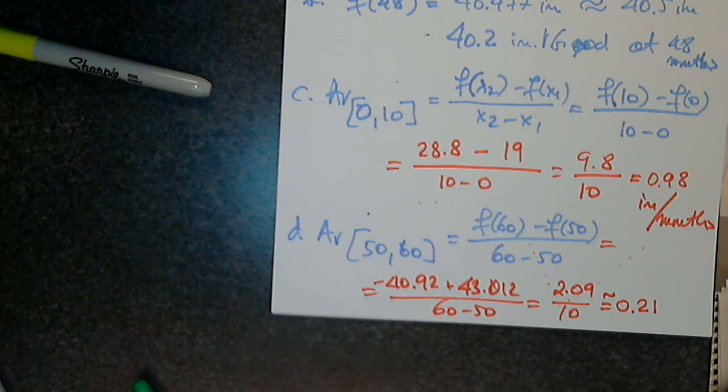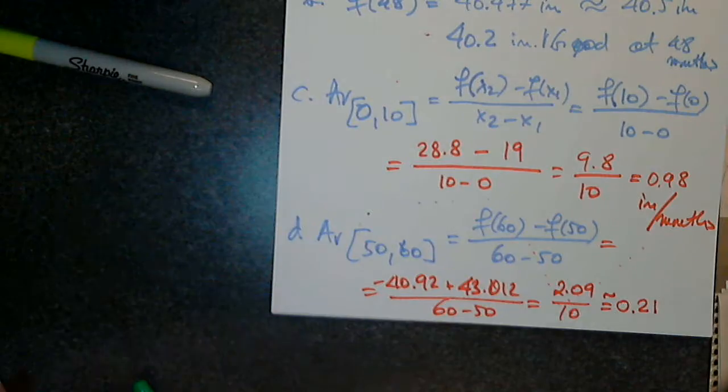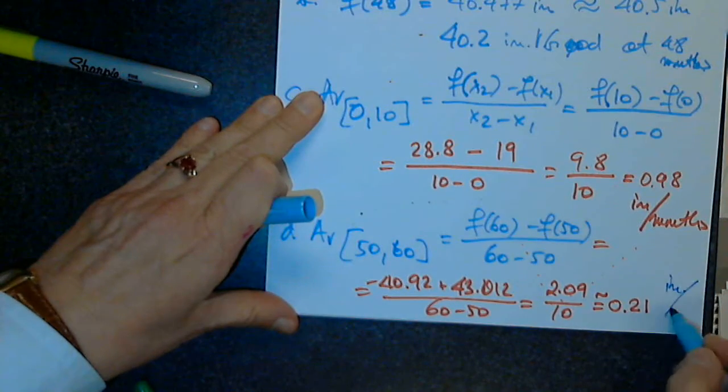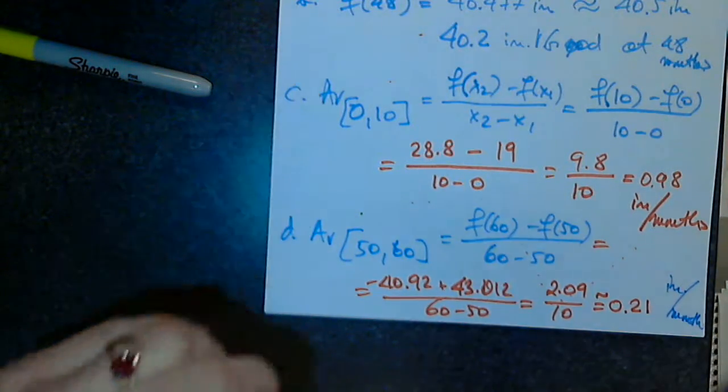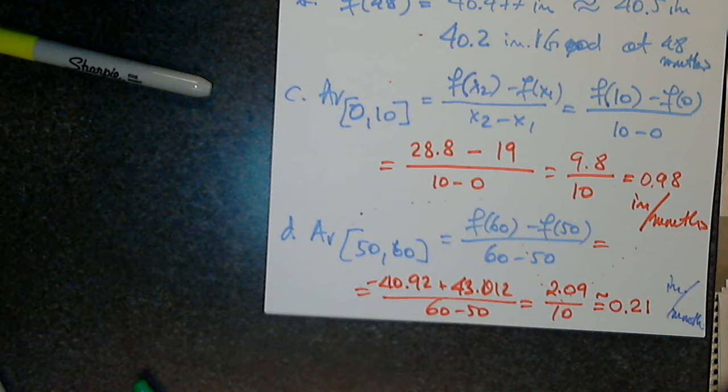Without the measurement unit, this means nothing. What is the measurement unit? So between 50 and 60 months old, the girls appear to increase their height by 0.21 of an inch per month, as we expected. How does this compare with your answer in part C? Much slower.